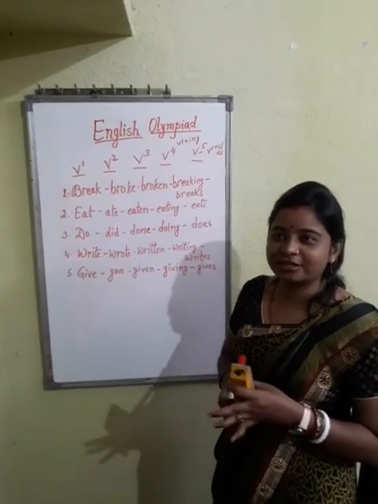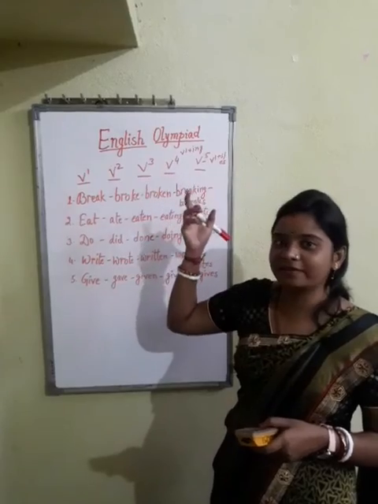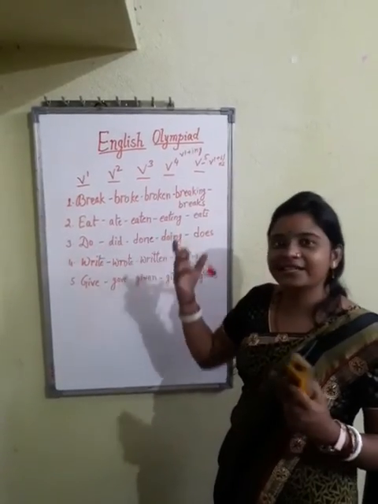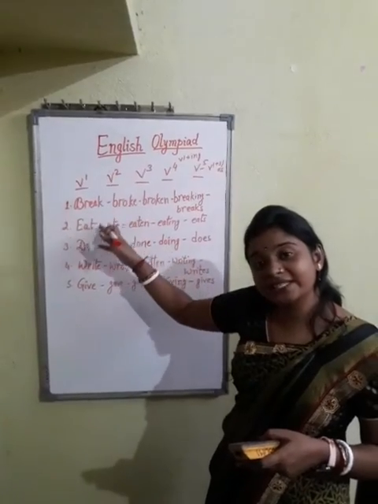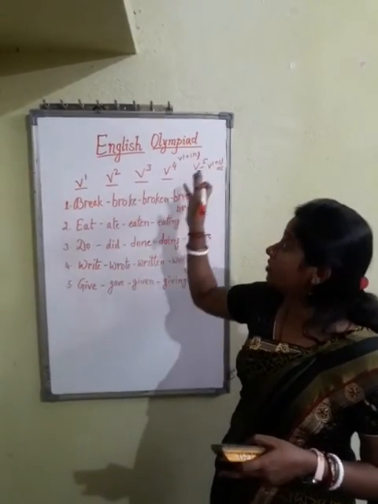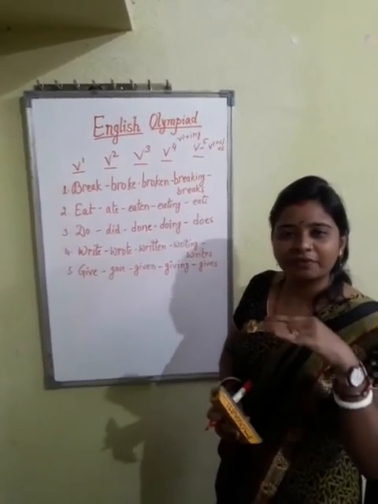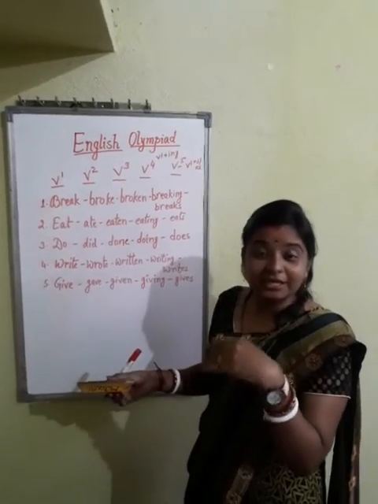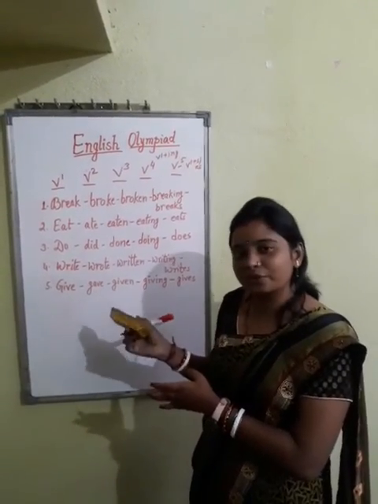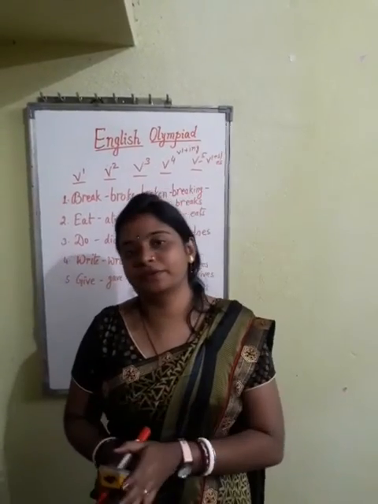There is no such process, and there is no such word as broking. You have never heard it. We always use ing along with the V1. We always use s or es along with the V1 itself. Because these are the root words, whenever we make any new word, we have to go through the root words. So these were the 5 forms of the verb.